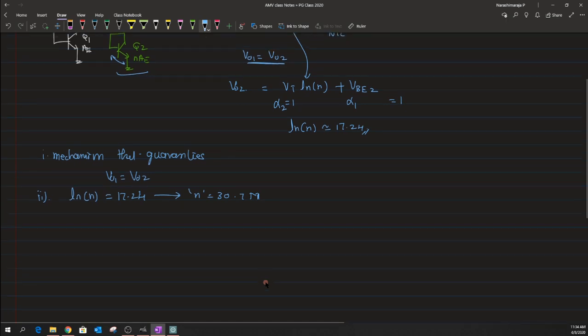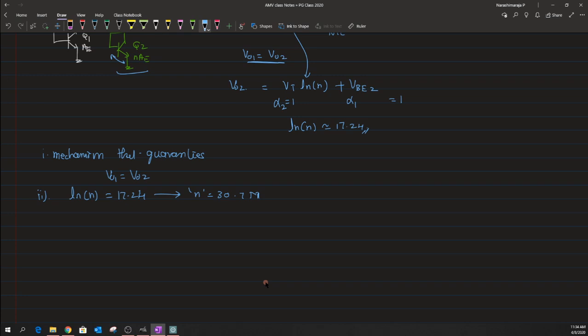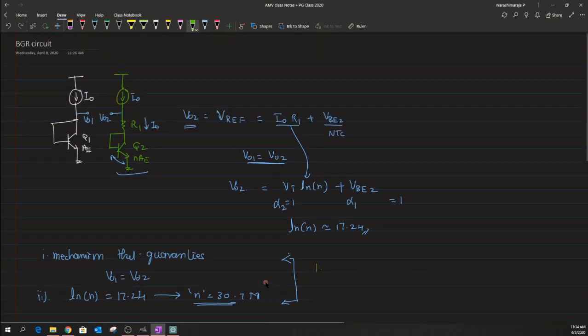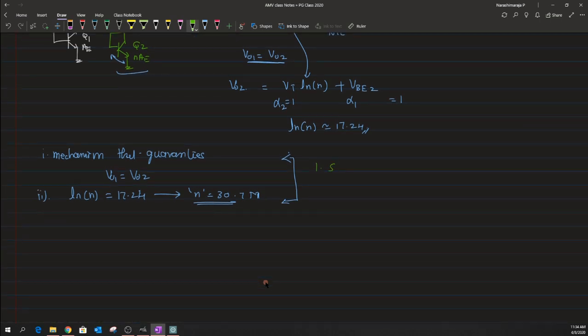Now there are some alternate ways by which one could ensure these two conditions: the first condition being VO1 equal to VO2, and diluting this large value of n into a small value. There were two kinds of circuits that one could use in order to build this BGR. The first circuit was built by realizing this current I naught across both these branches with what is known as a supply independent biasing circuit.